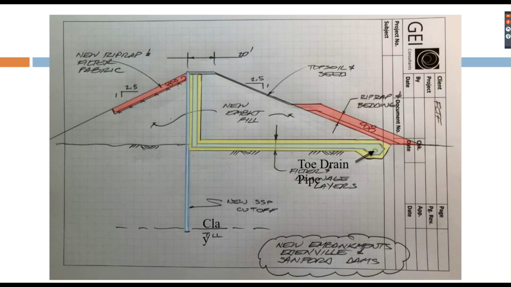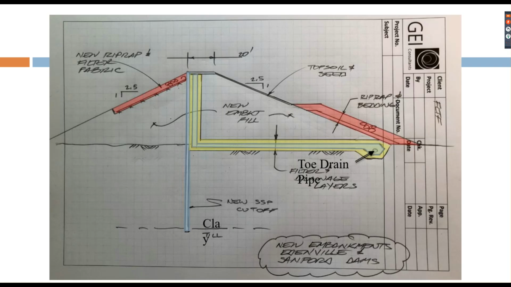So the idea is that some amount of water will seep through the dam, and we want to collect that water in the drainage system, have it filter through the stone, go to a toe drain, and then that toe drain would allow the water to discharge to the river. And then finally, there's the embankment itself.